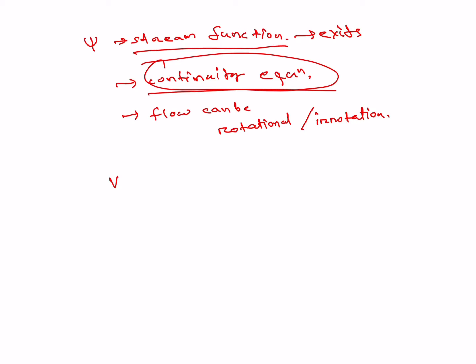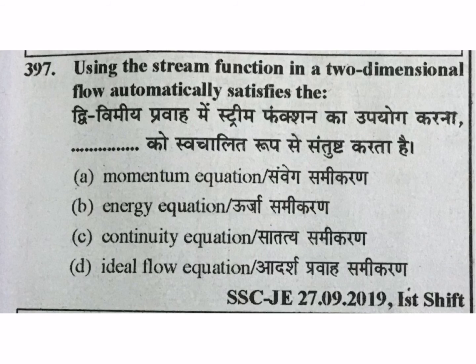So the equations: first we will start from u equal to dψ/dy and v equal to minus dψ/dx. Both are important. The question: using the stream function in two-dimensional flow automatically satisfies the continuity equation. C is your correct answer.